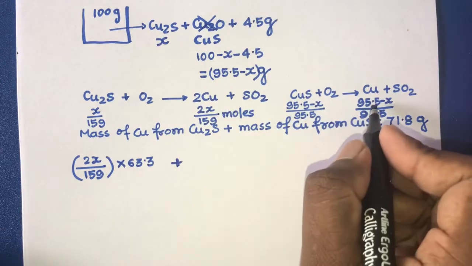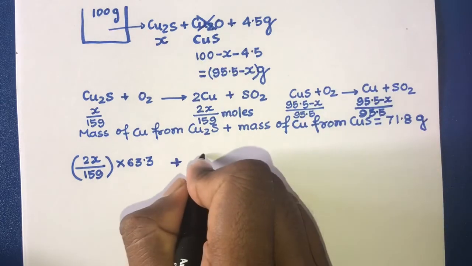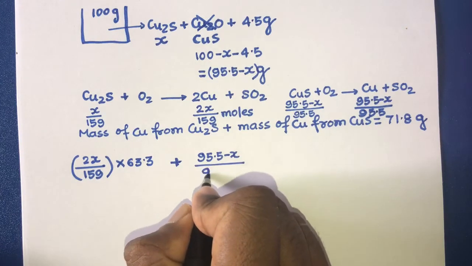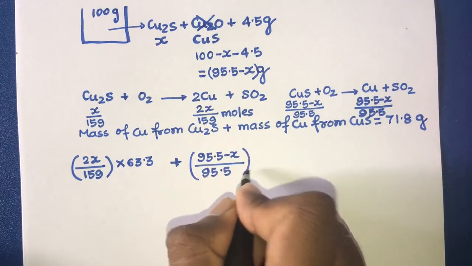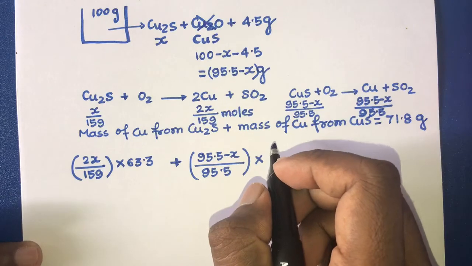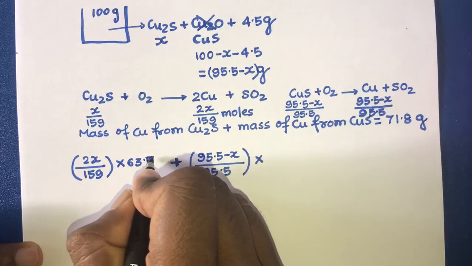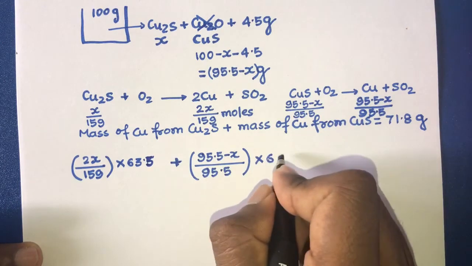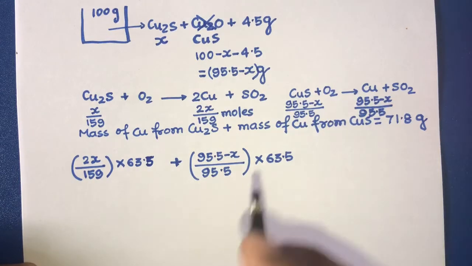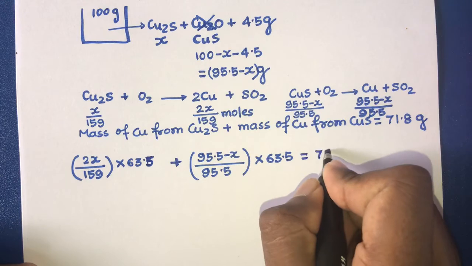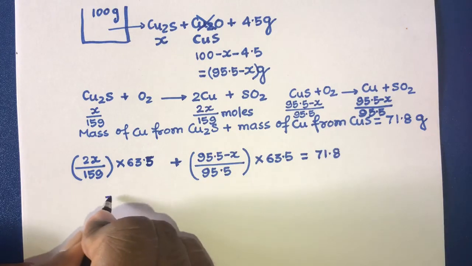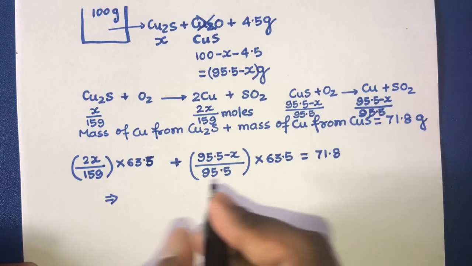Similarly, the moles of copper obtained in the second reaction is (95.5 minus x) divided by 95.5, into 63.5, again the gram atomic mass of copper, generally around 63.5. Together these will give you 71.8 gram.